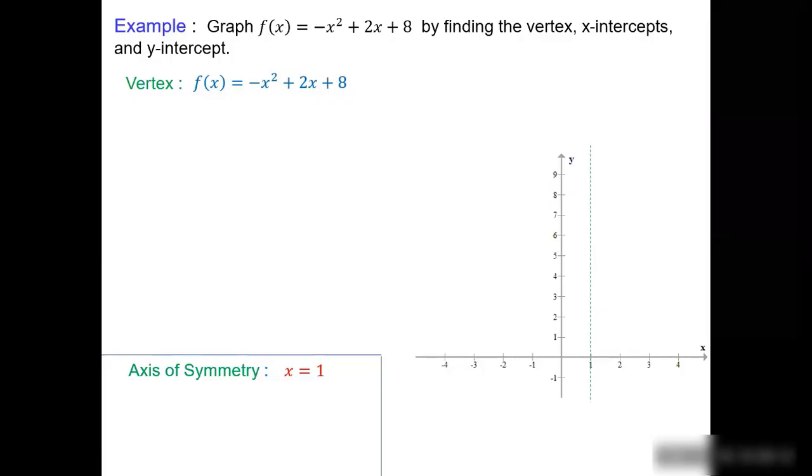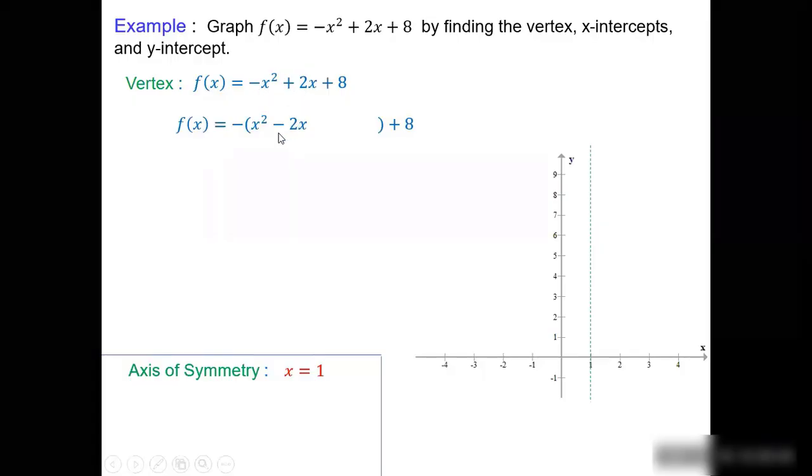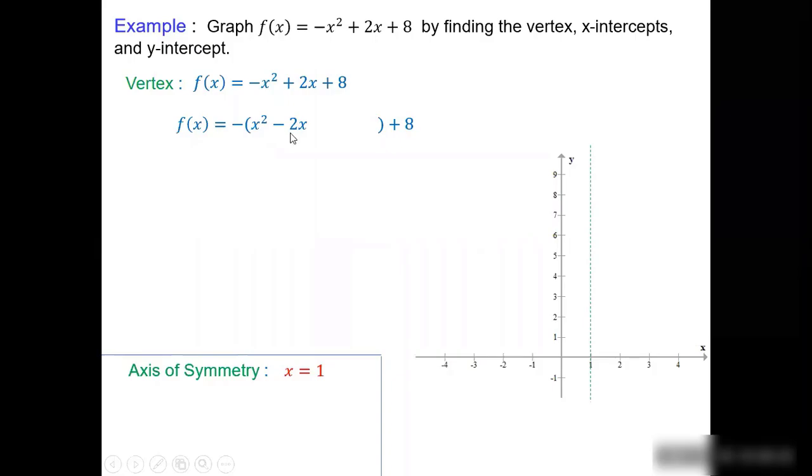So remember, the first thing we want to do is separate off the plus 8 and factor out the coefficient in front of x squared from the first two terms. We're now going to add half of -2, which is -1 squared. So we basically have added 1, but because distributing that negative would cause that to be -1, what that really means is that we've technically subtracted 1 from the original function.